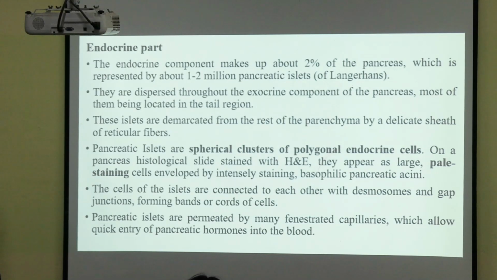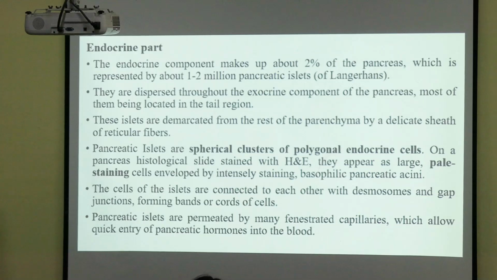And if you see the cells, spherical clusters of polygonal endocrine cells are there. On a histological slide with H&E, they appear as large pale staining cells enveloped by intensely staining basophilic pancreatic acini. Pancreatic acini are dark in stain, but the islets are light in stain.